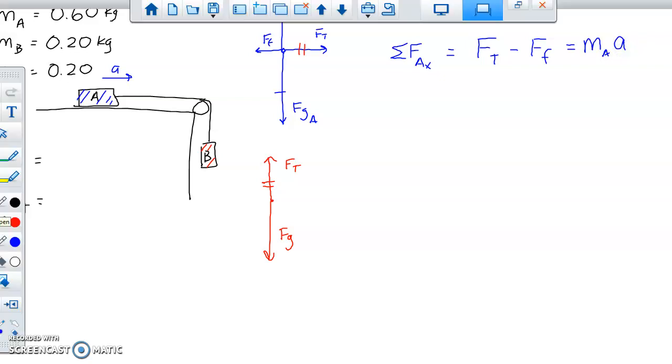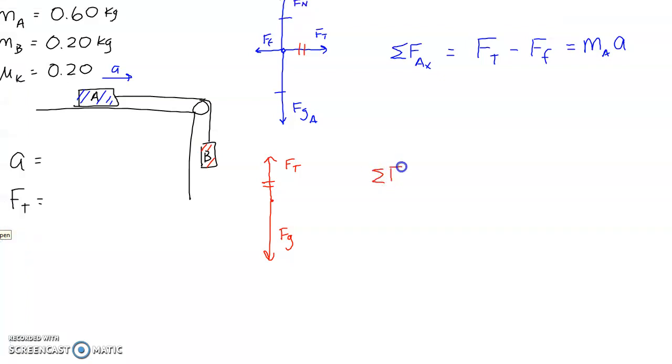All right, now we're going to do the same thing but for the red block. The sum of the forces for B is equal to gravity minus tension. I'm saying gravity is positive in this case because the B block is accelerating in the downward direction. So I'm going to call this direction the positive direction.